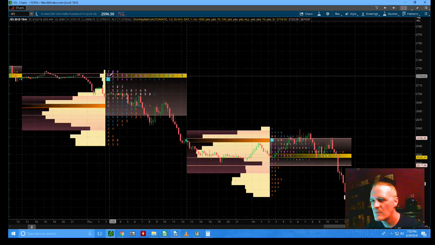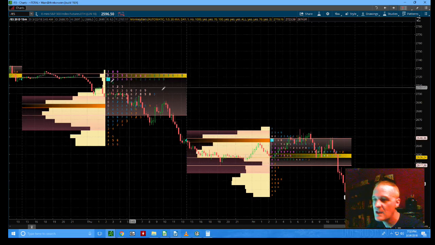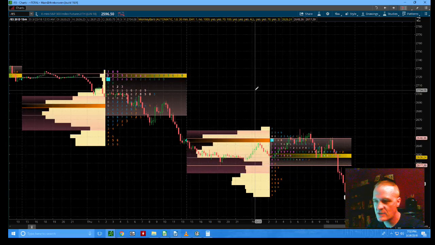Now, the point of control is defined by the price level at which the contract traded during the most number of periods. So another way to say that would be the price level at which that particular security spent most time trading.